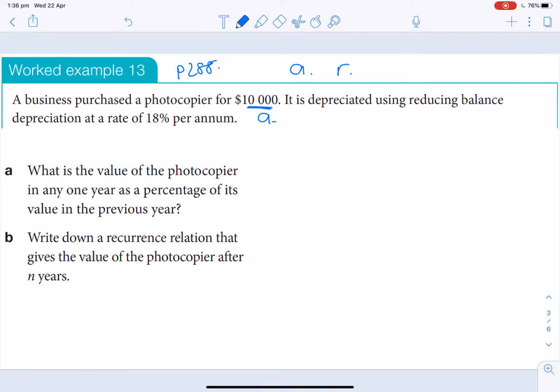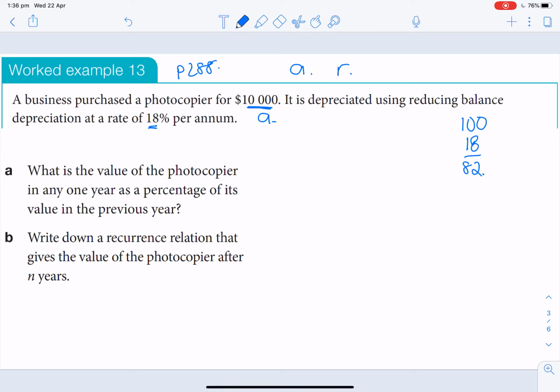Now, our question states, what is the value of the photocopier in any one year as a percentage of its value in the previous year? If you had $100 and you were losing your money at a rate of 18%, you only have $82 left after that first loss.